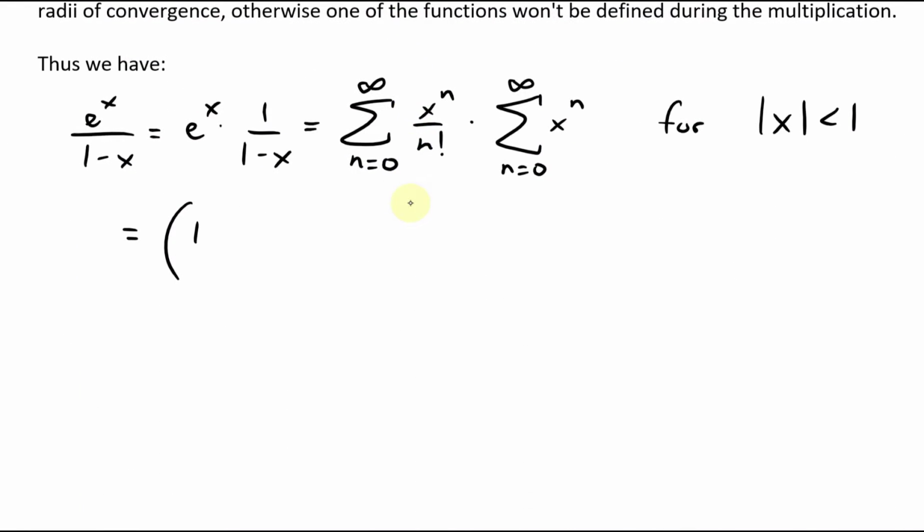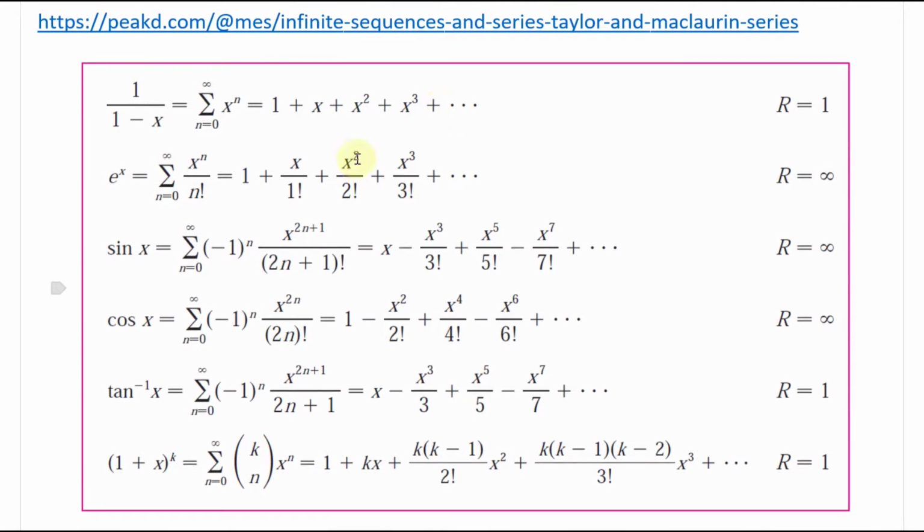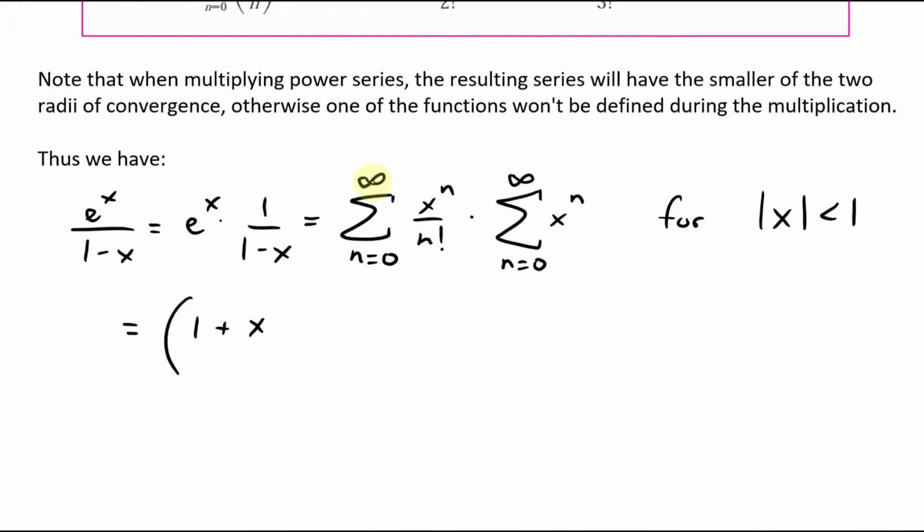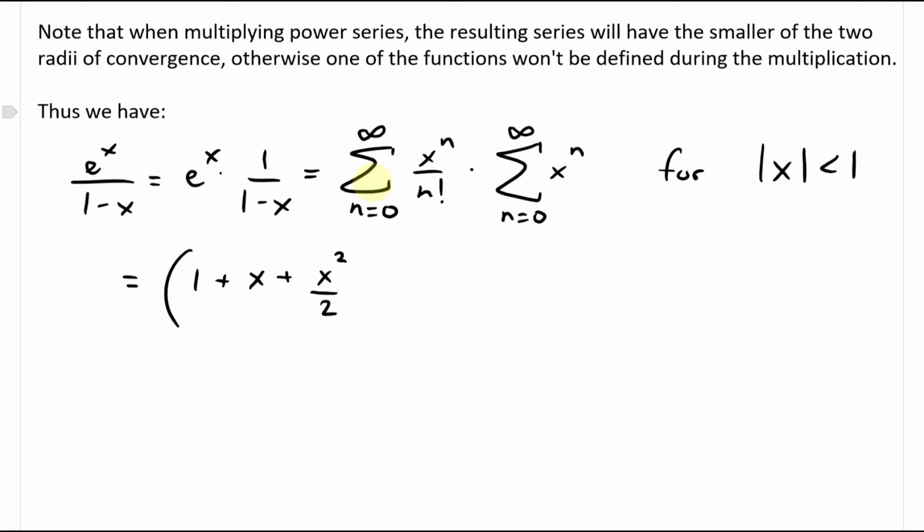This is going to be 1 plus x, and then plus x squared divided by 2. Remember, 1 factorial is just 1, and 2 factorial is just 2, and then 3 factorial is just 6, so 3 times 2. And this is going to be x cubed over 6.